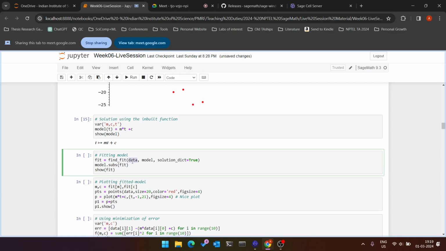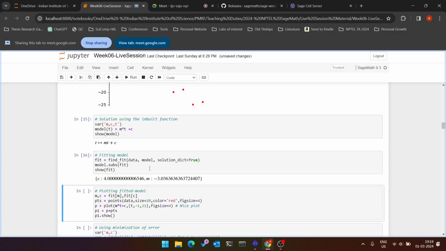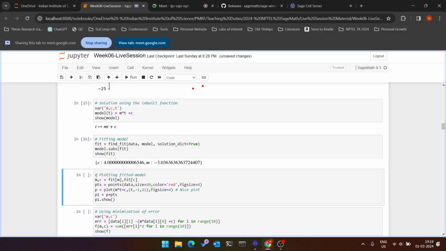We have seen above that it takes data input, so an array of x, y, and the model input, which is an expression which you already have here. And once I run this, I get the optimal values for C and M. So intercept and slope are 4 and minus 3.03 respectively.